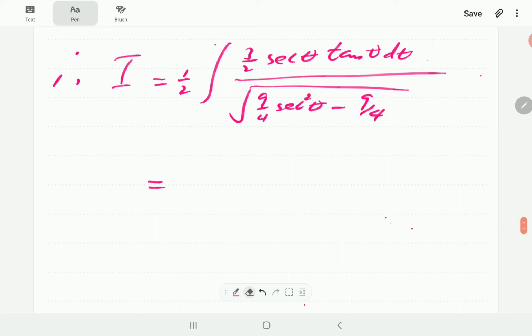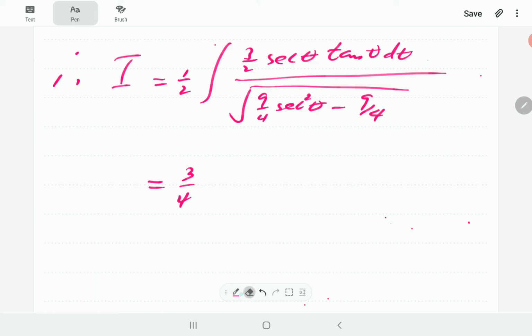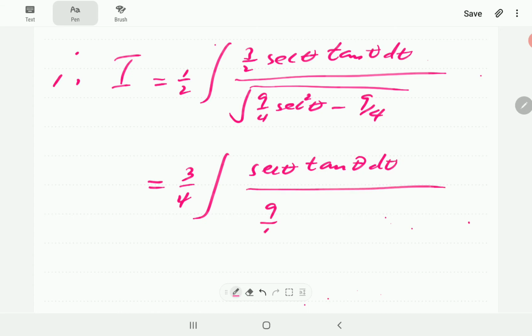The 3/2 times 1/2 is going to be 3 over 4. So that's this 3/2, this 3/2 here. Then we're going to have secant theta tangent theta d theta. Then if we factor out 9 over 4 here, it's going to be secant squared theta minus 1.